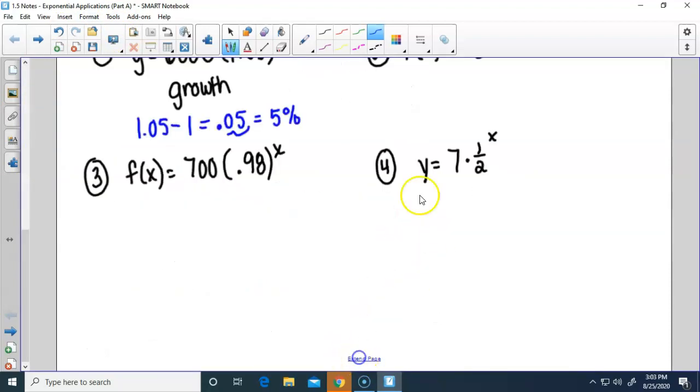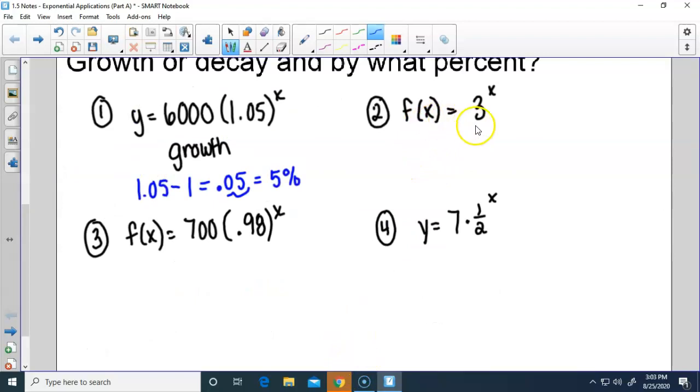All right, for example 2, we've got f of x equals 3 to the x power. These can be really tricky because here we do not have an a value. So if you don't have an a value there, it's like you've got 1 times 3 to the x. So that 3 is your b in this case. So 3 is larger than 1, so this is going to be growth. And then you want to see the difference from 1.